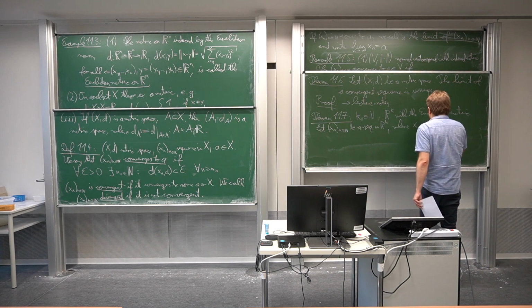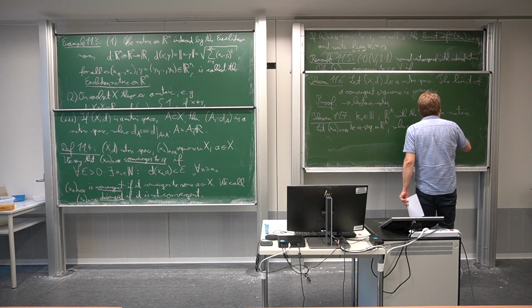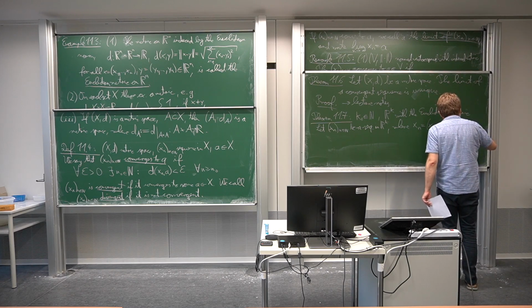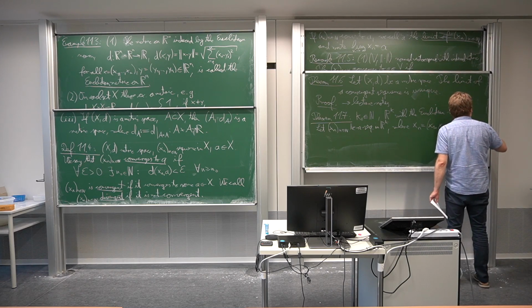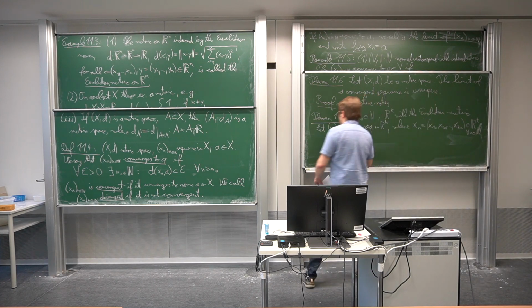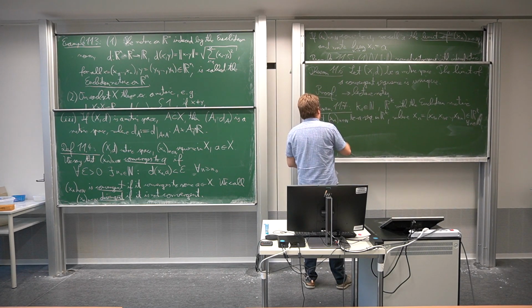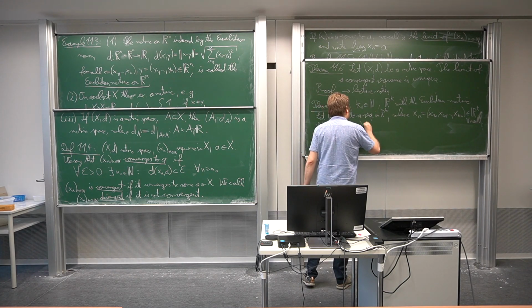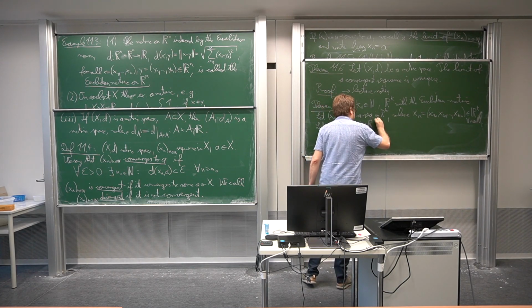So let x_n be (x_1n, x_2n, and so on to x_kn) in R^k for all n in N. Okay, and we have some point a, which is then in coordinates a_1 to a_k in R^k, which should be our limit.